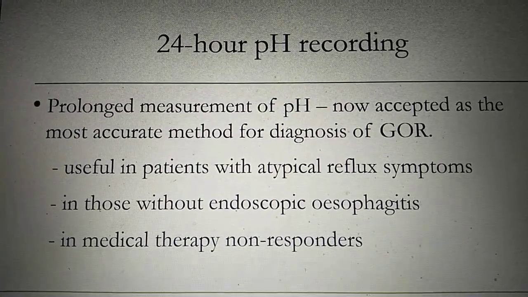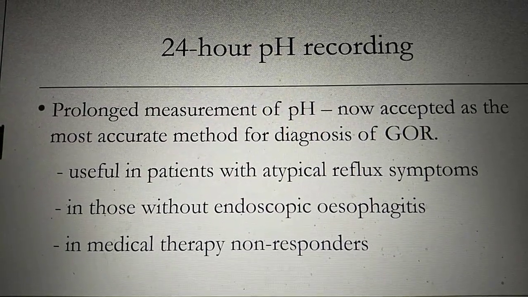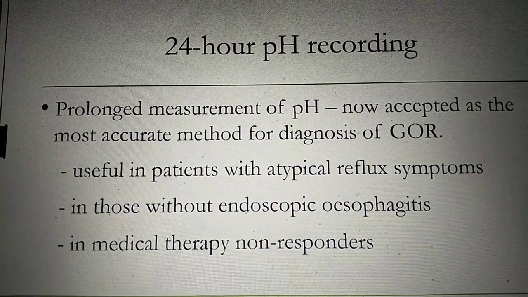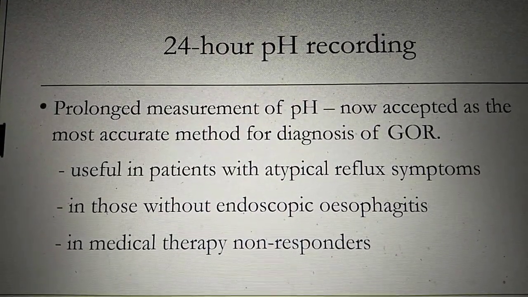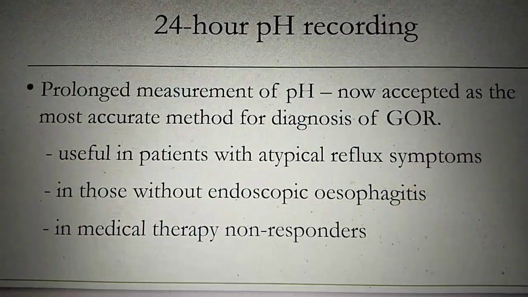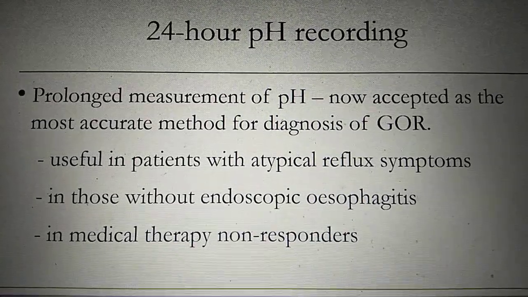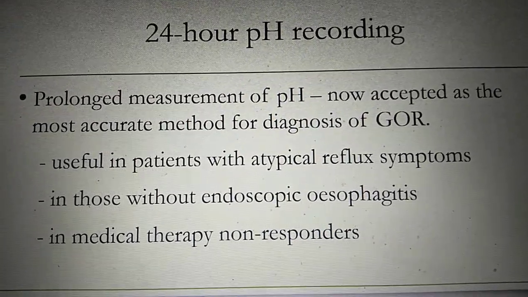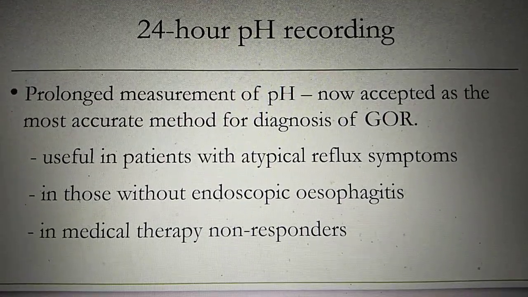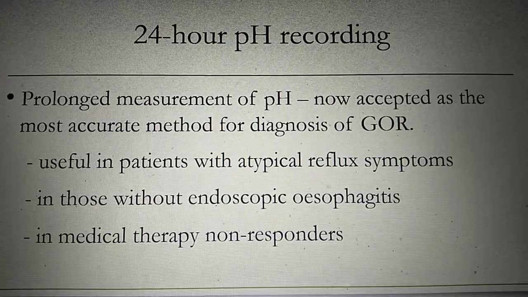Prolonged measurement of pH inside the esophageal lumen and GE junction is now accepted as the most accurate method for diagnosis of gastroesophageal reflux disease. It is very useful in patients with atypical reflux symptoms where there is a diagnostic dilemma.